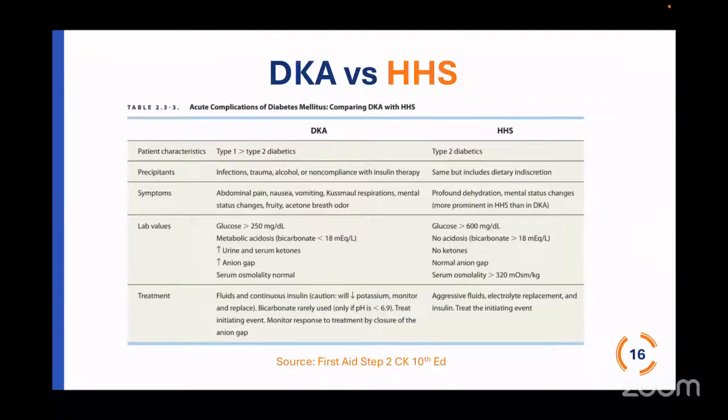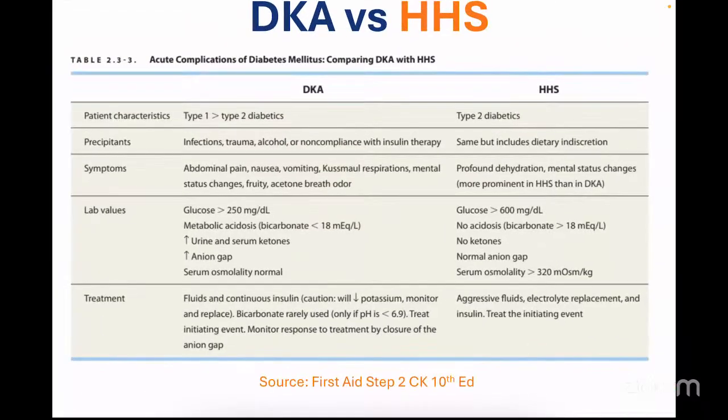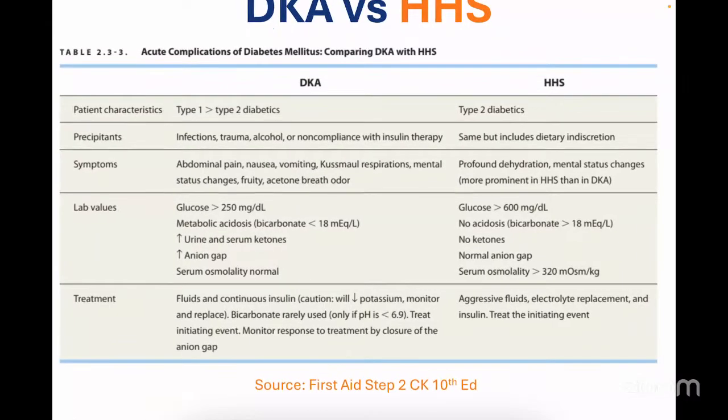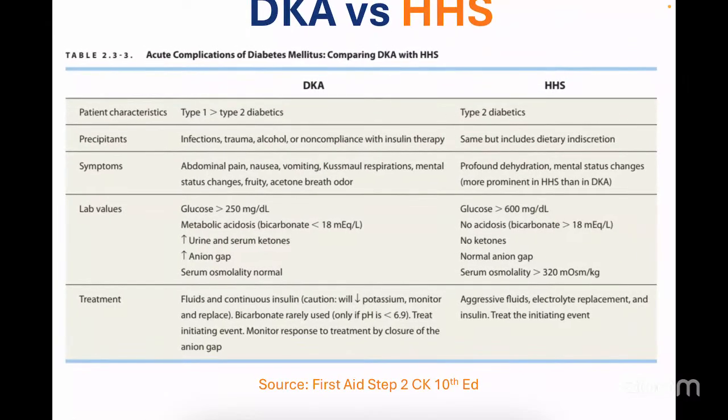So this is a quick comparison between DKA and HHS. As we said, DKA occurs in type 1 more than type 2. It can occur in type 2, but is very rare. HHS occurs in type 2 diabetes. The precipitants of DKA include infection, trauma, non-compliance with treatment.